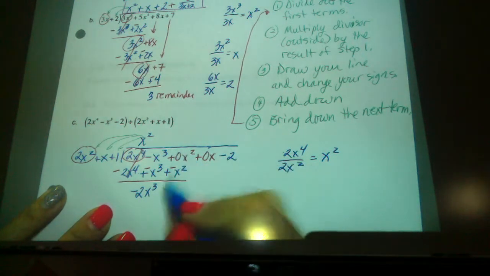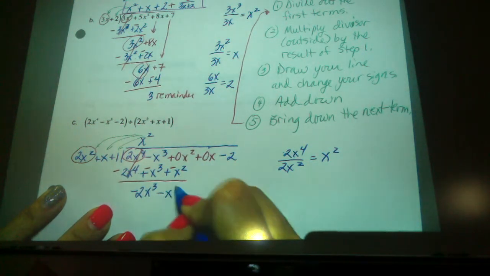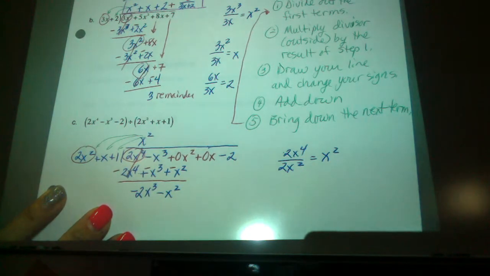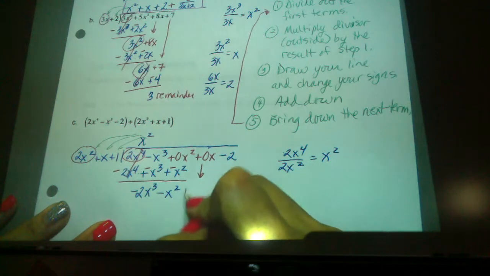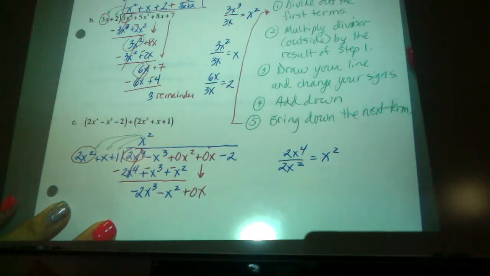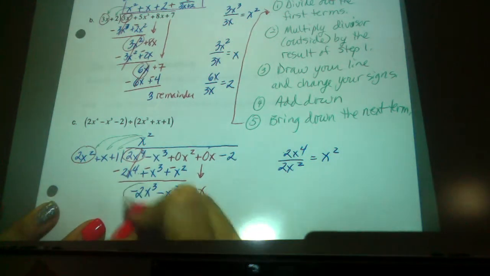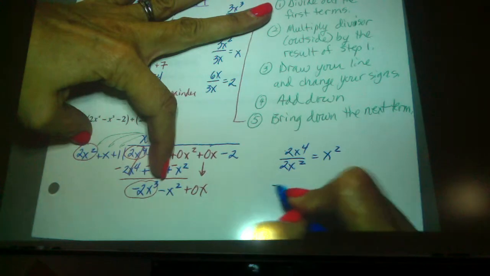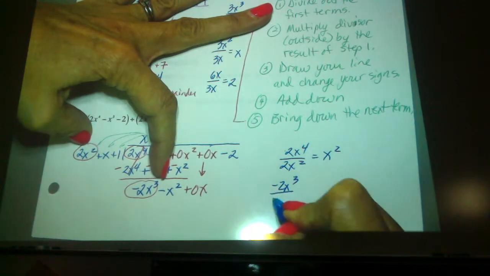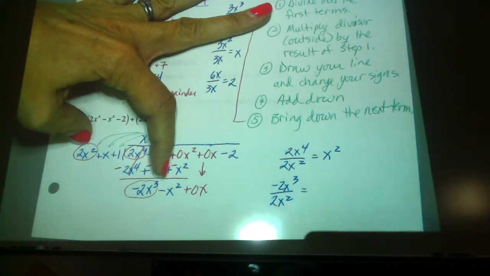And then a 0x squared minus an x squared is a negative x squared. Then what do you do? Bring down that next term. So I have to bring down the 0x. Then it starts all over again. So our first terms are the negative 2x cubed and the 2x squared. So negative 2x cubed divided by positive 2x squared. What do I get?